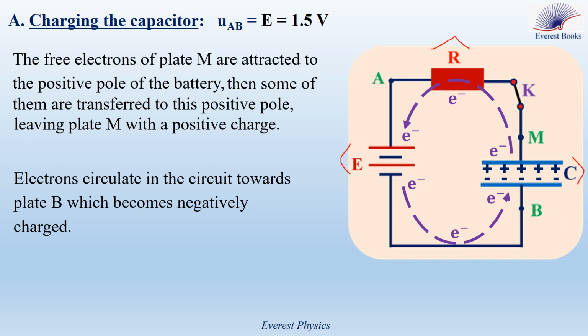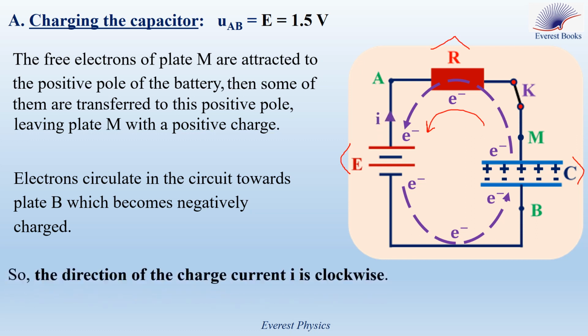Now, let's move to the direction of the charge current. The electrons flow in the circuit counterclockwise. By convention, the direction of the current is opposite to the direction of the flow of electrons. This means that the charge current is clockwise.